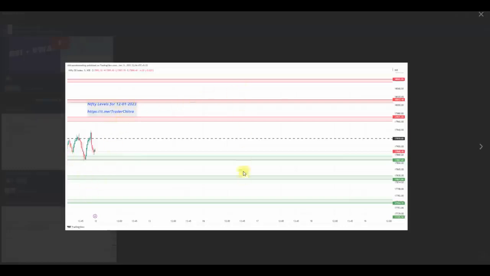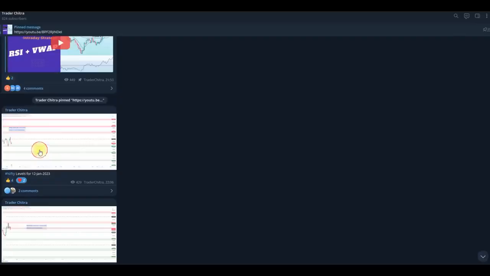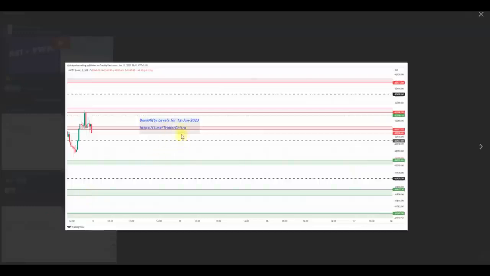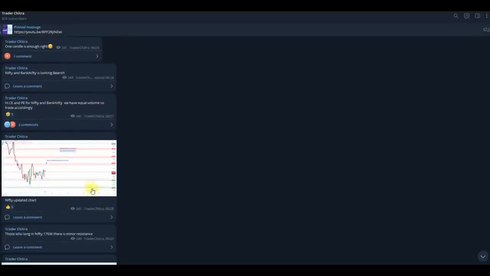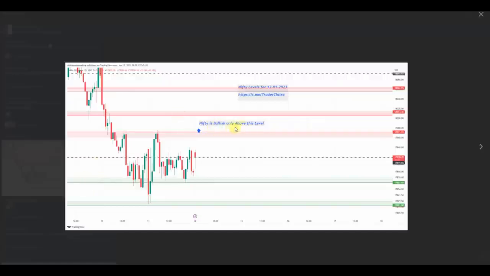Today is 12th Jan. So these are the Nifty levels which I have shared on 11th Jan. And these are the Bank Nifty levels for 12th, which I had already posted in my Telegram channel on 11th evening. And in the morning at 9:28 I updated that Nifty is bullish only above this level, that is 79.71.